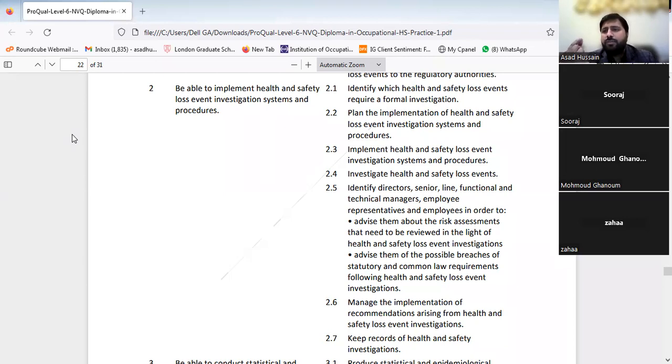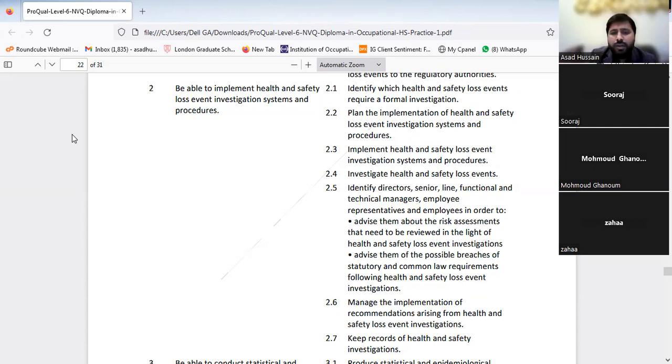You can inform them through emails, through meeting minutes, through presentations, or you call them internally to a specific place and give them a presentation on what happened, what the outcome of the investigation is and everything, and then different safety reports can be used here as evidence.